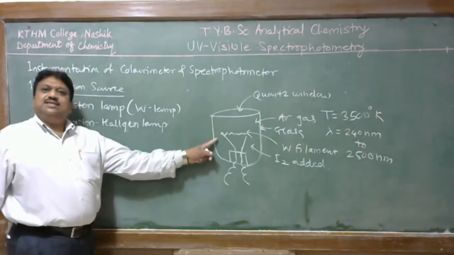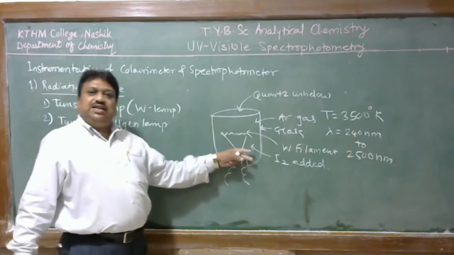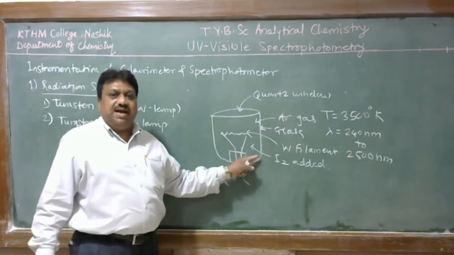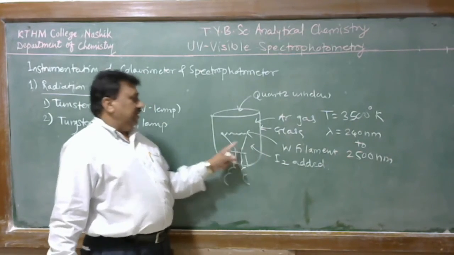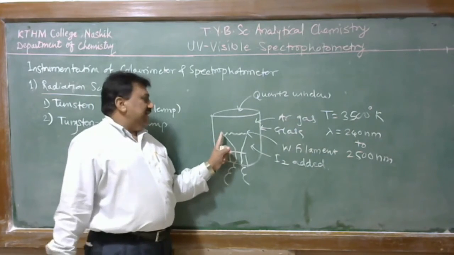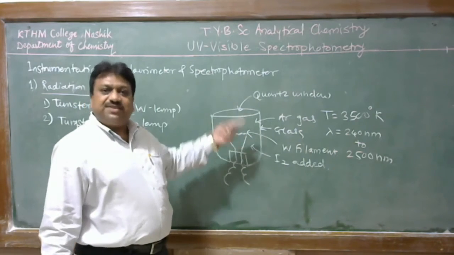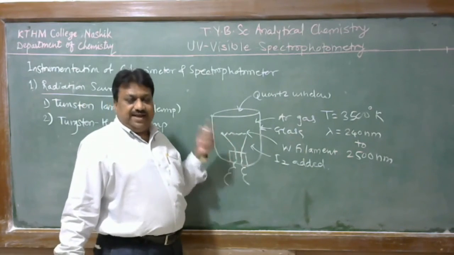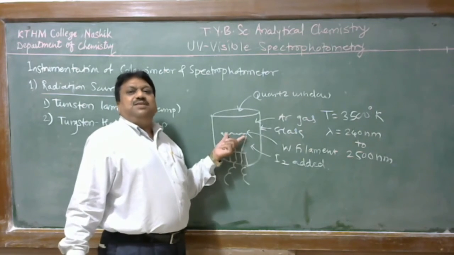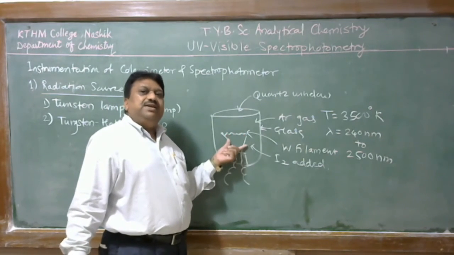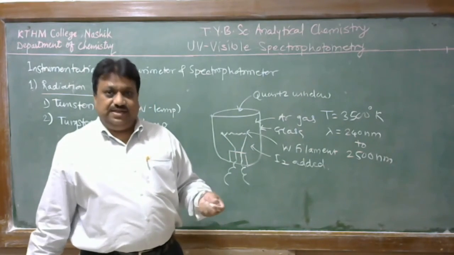Now this lamp is called the tungsten halogen lamp, which is a little bit of a derivative of the tungsten lamp. In this case iodine is added. Similar to the earlier case, this tungsten filament is heated, it becomes red hot and it emits radiation. But while the tungsten filament is heated, it is vaporized to some extent.